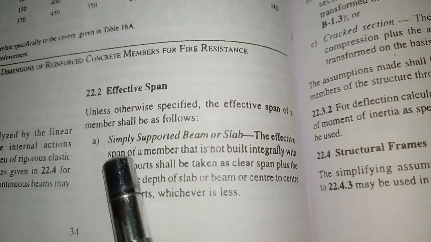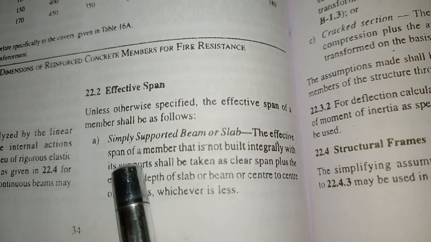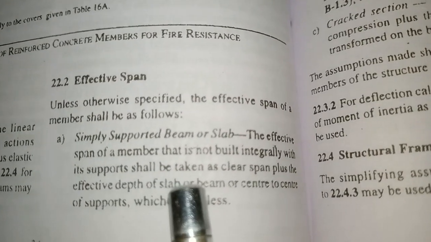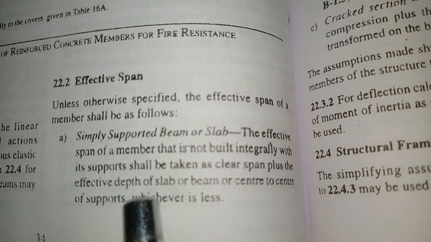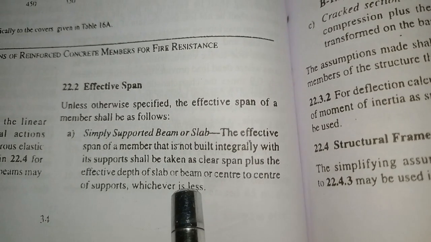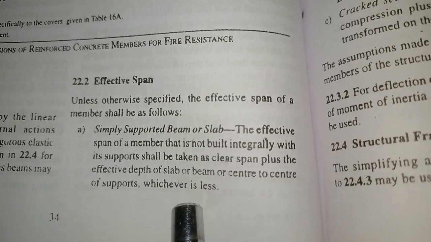So now we are calculating the simply supported beam. The effective span of a member that is not built integrally with its support shall be taken as clear span plus the effective depth of slab or beam, or center to center of supports, whichever is less. So what they have said?